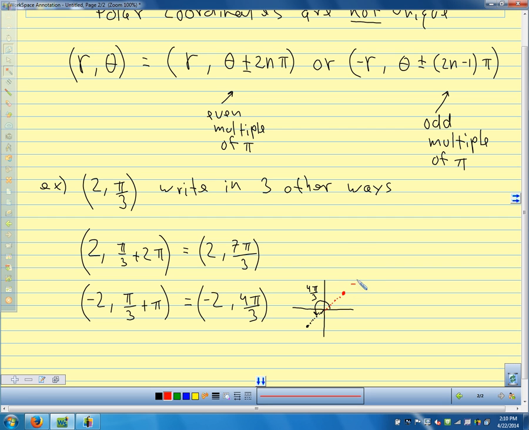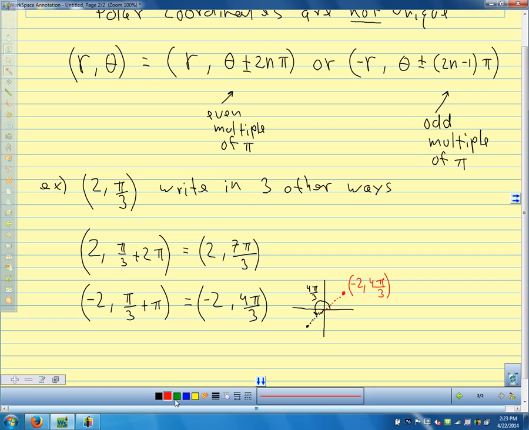So that would be the point (-2, 4 pi over 3), and it's in the same place as the point (2, pi over 3). So we rotate around however many radians theta tells us to move, and then rather than putting our point on the terminal side of the angle, we go the opposite direction. That's what that negative tells us. Go the other direction.